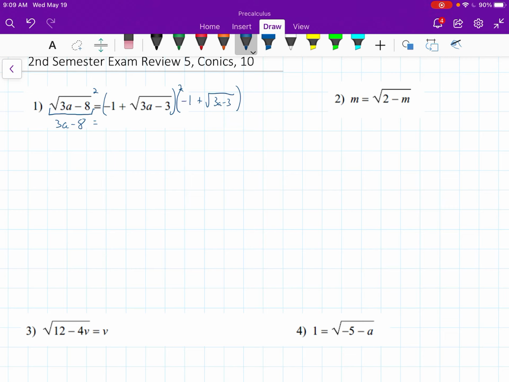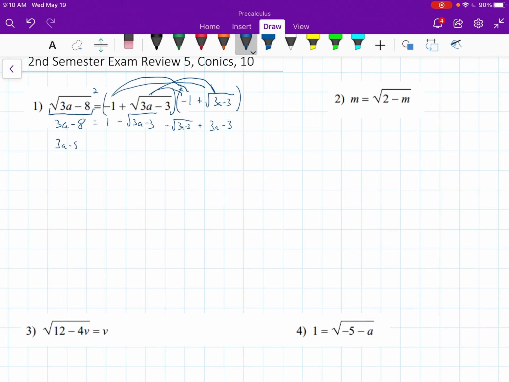So we have 1 minus root 3a minus 3, and then multiplying here, we have minus root 3a minus 3, and when we multiply the last ones, it's multiplied by itself, so the square root cancels, and it is just 3a minus 3.